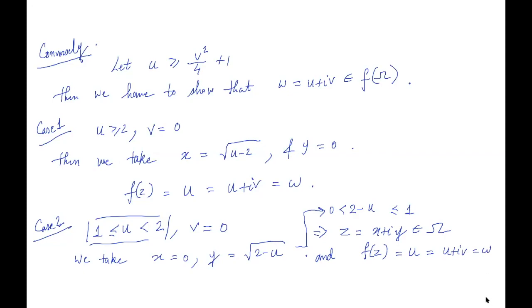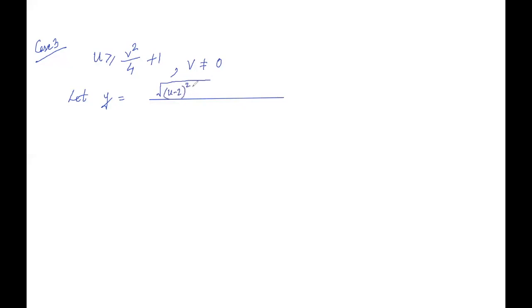Okay, now my last case, that is the third case, I'll be taking u to be greater than or equal to v square by 4 plus 1, and v is not equal to 0, and I'll let my y be equal to the root of u minus 2 whole square plus v square minus u minus 2, by 2, again whole root.